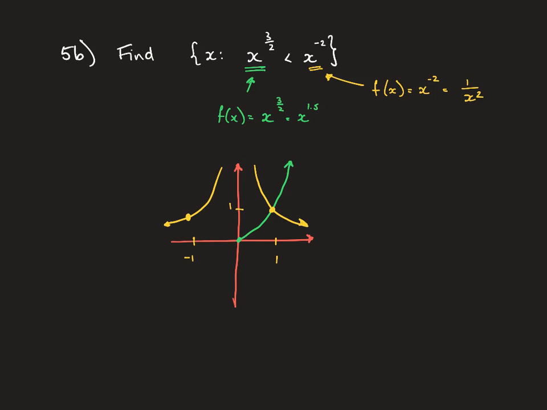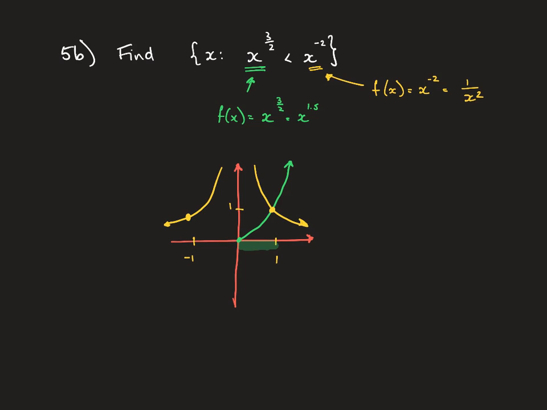And so again, we're looking for the section of the graph, the x values, for which the green graph is below the yellow graph, which is going to be this section. Again, in here you can see that in that section, all the way up there, the green graph is below the yellow graph.